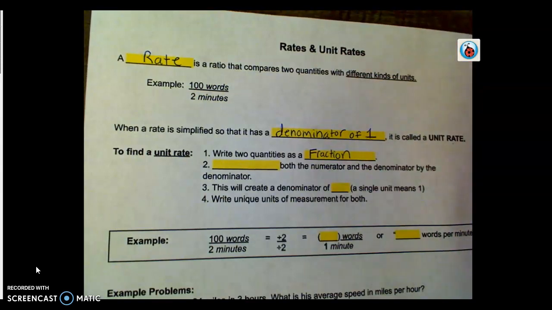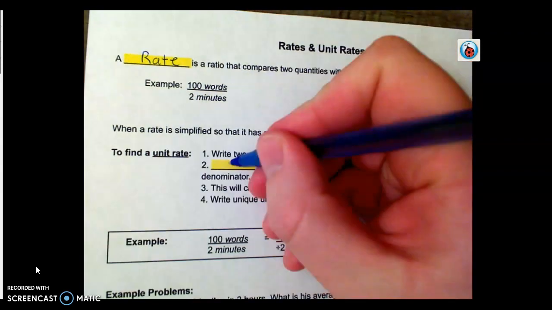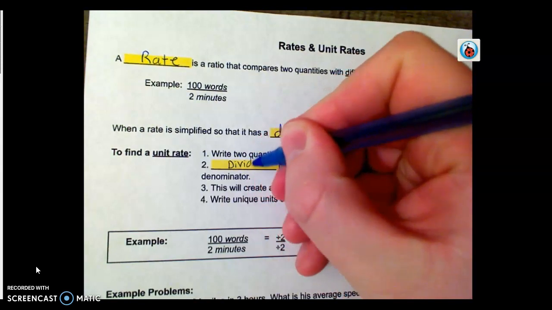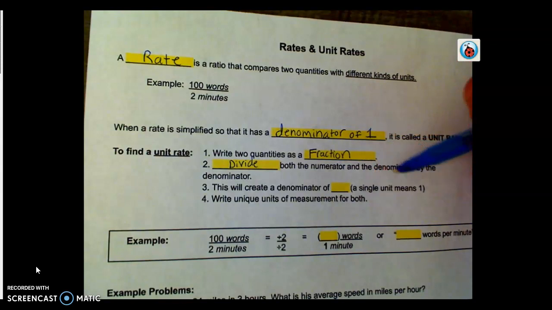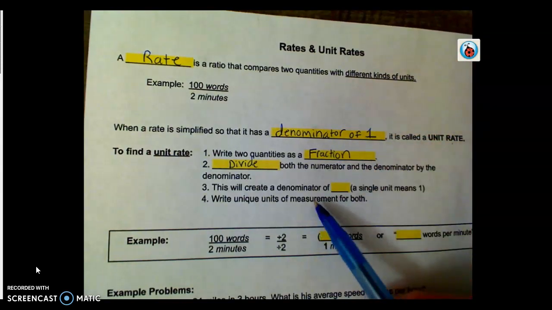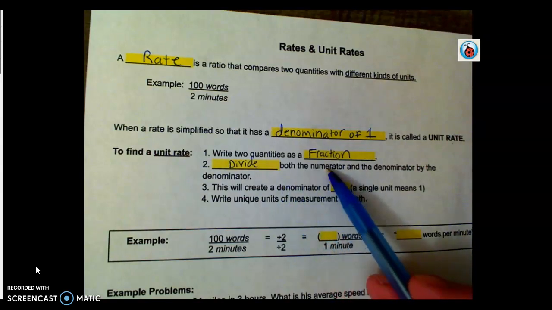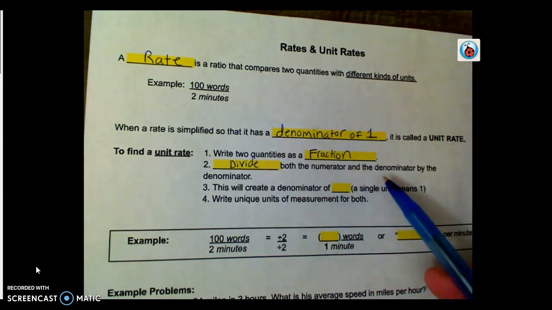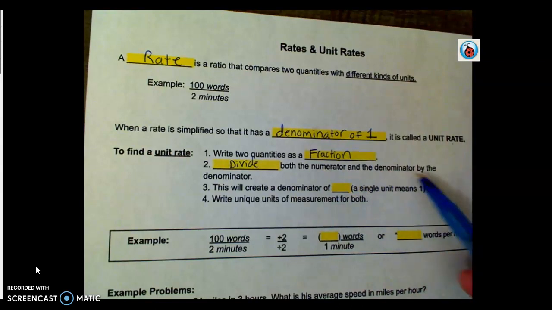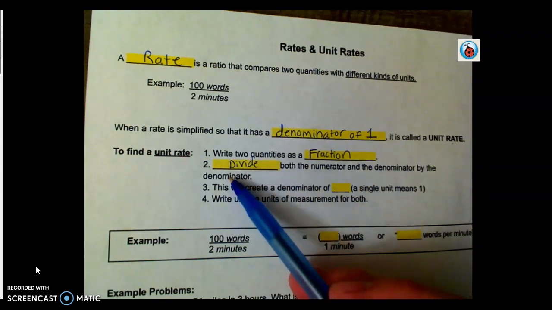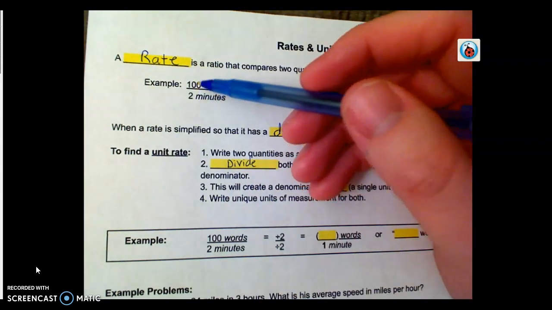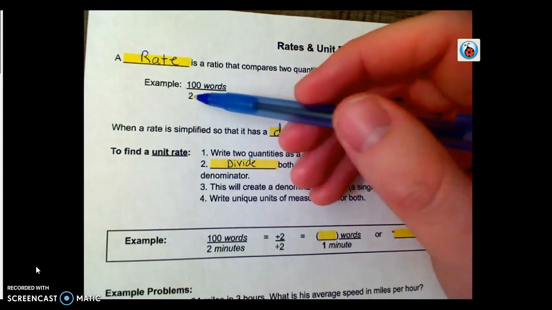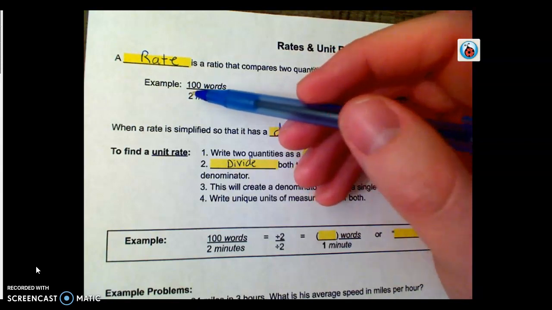Step 2 then is to divide both the numerator and denominator by the denominator. Let me just say that one more time. Divide both the numerator, meaning the top number, and the denominator, meaning the bottom number, by the bottom number. So in this example, we would divide 100 by 2, because that's the denominator, and we would divide 2 by 2.